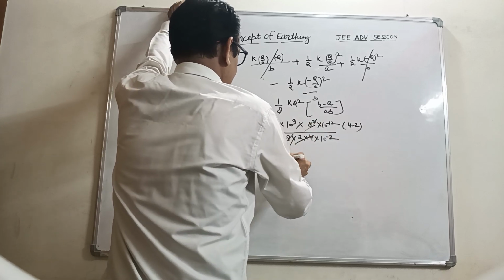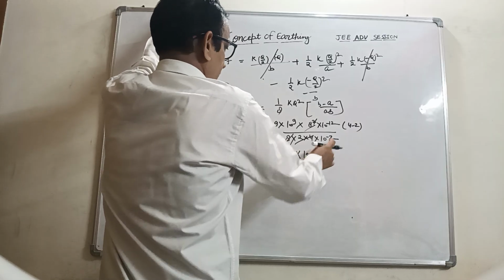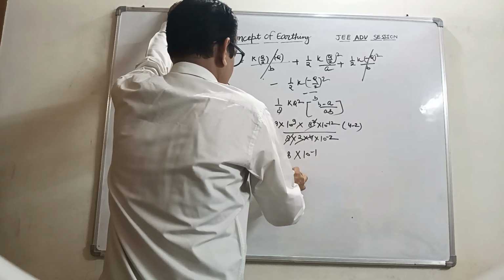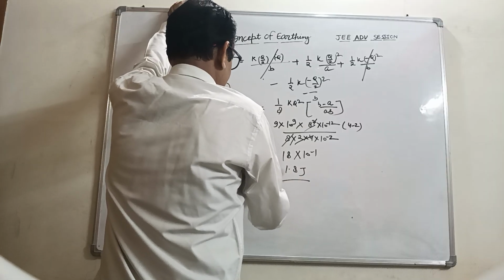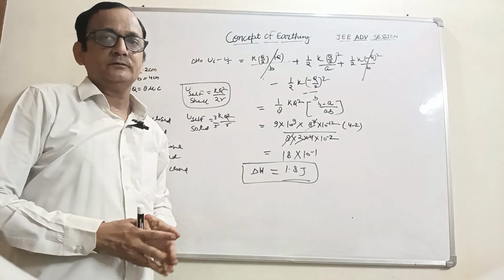So 9 into 18 into 10 raised to power minus 1. So this becomes 1.8 joules, delta H. So this is the heat loss here from this scenario.